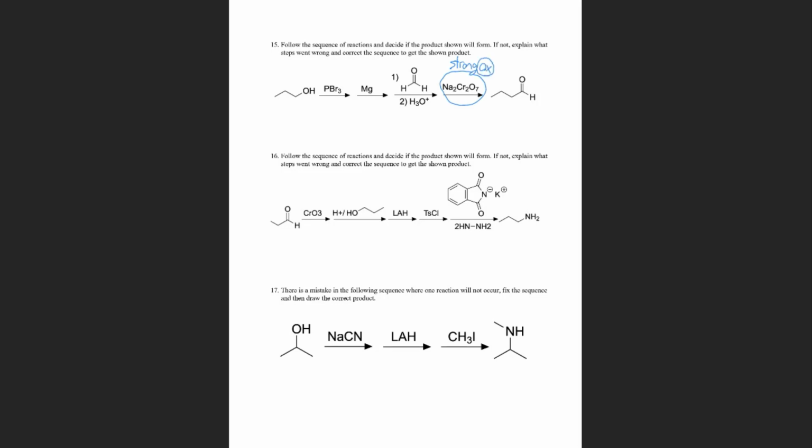So this is a strong oxidizing agent. If I were to draw this all the way out, PBr3 is going to make Br, and then we're going to make MgBr, and then it's going to attack the Grignard once, forming, because there's 1 extra carbon here, and then ultimately, oh wait, I added 2 extra carbons.